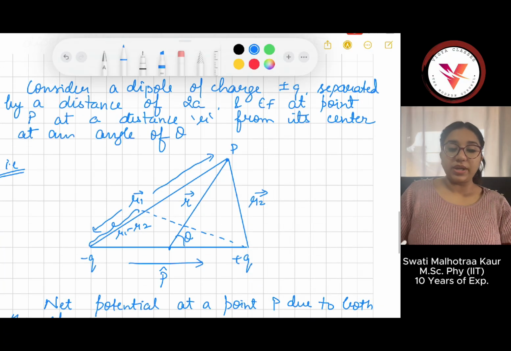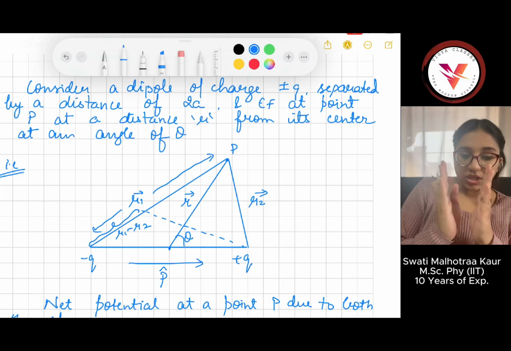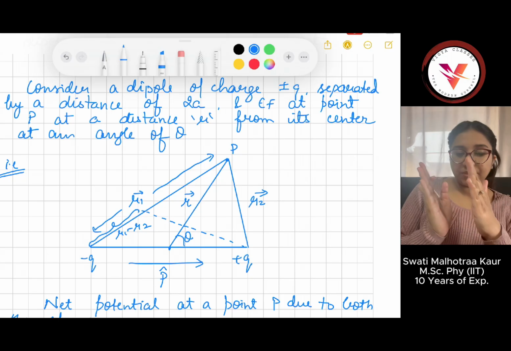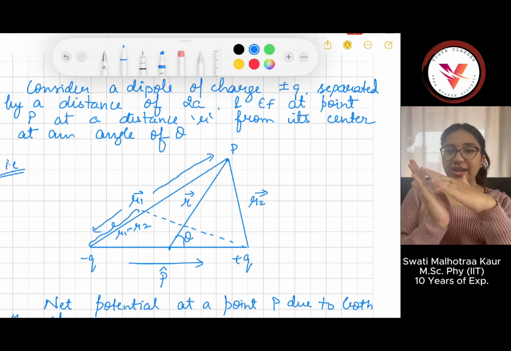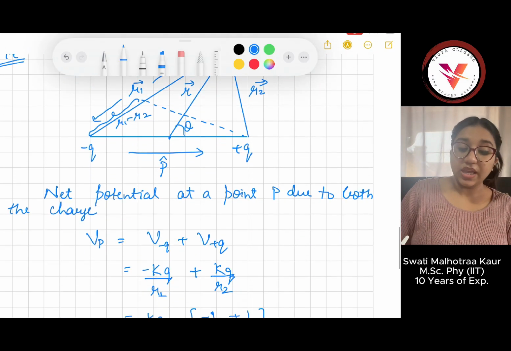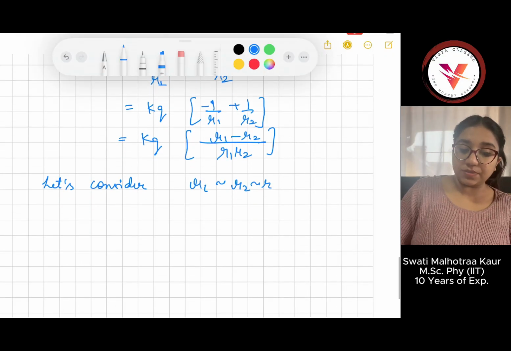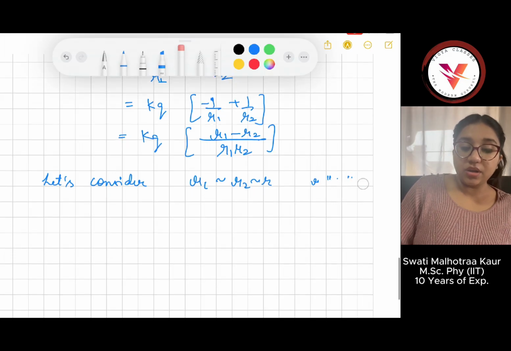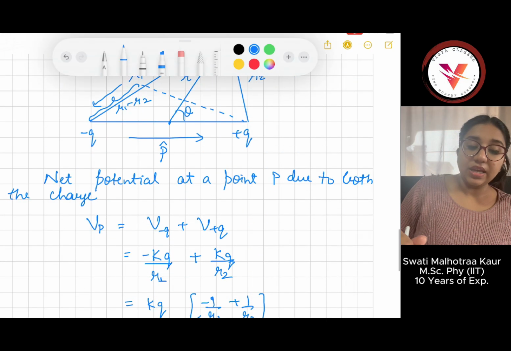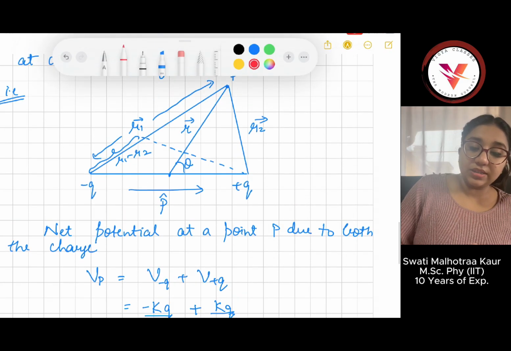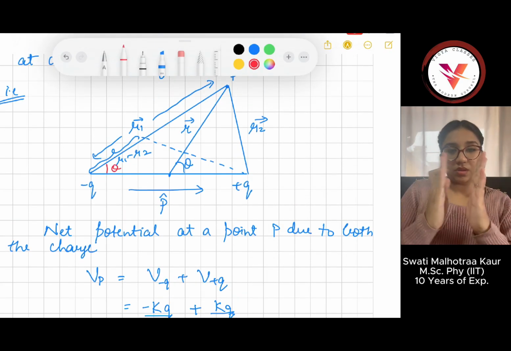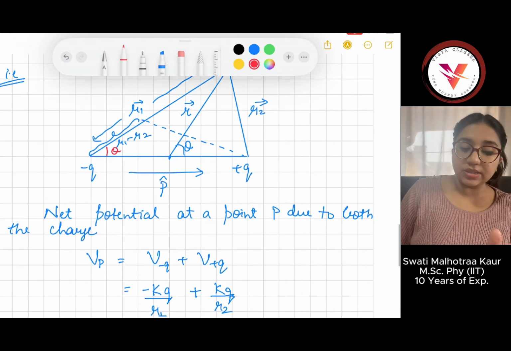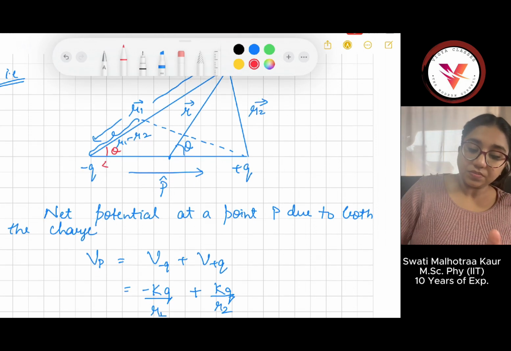That means this point P is very far from the center point. That means all these three lines are more parallel to each other. If r1 is parallel to r2 is parallel to r, then you can consider that this angle is also theta as per the corresponding angles, and this whole length is 2a, that is the length of the dipole.